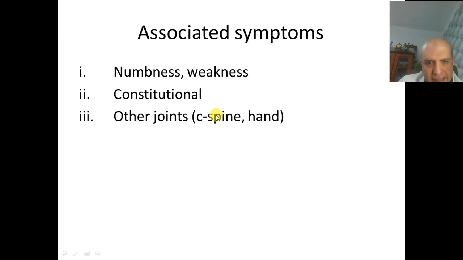Associated symptoms the same as before. We ask about numbness and weakness, constitutional symptoms, or other joints like the hand and cervical spine. I informed you in the spine lecture how to differentiate whether the pain is coming from the spine or the shoulder.